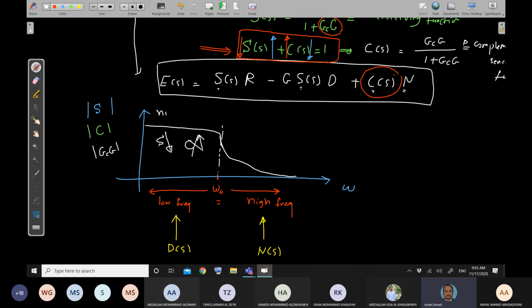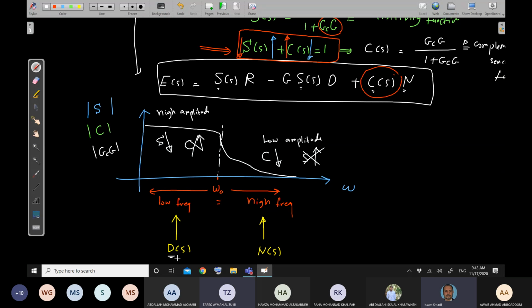Then the same loop gain has a low amplitude here, so here high amplitude and here low amplitude. In this case, C will be reduced. S will be increased, but I don't care about S, because there is no disturbance there.